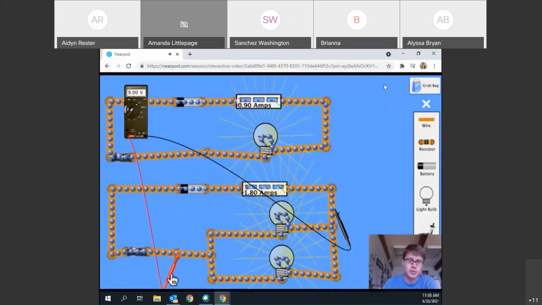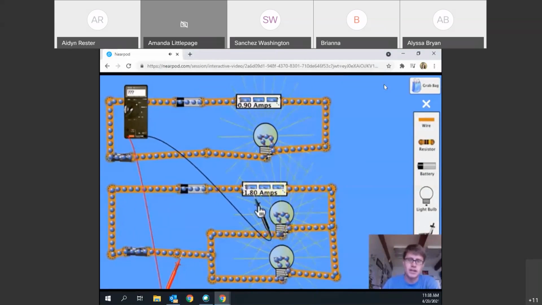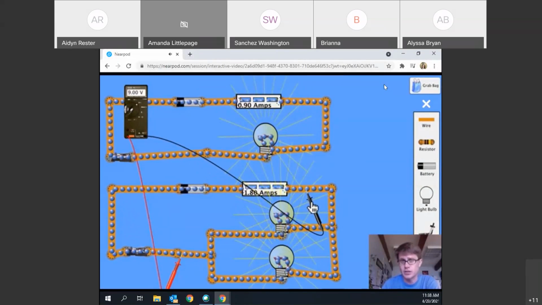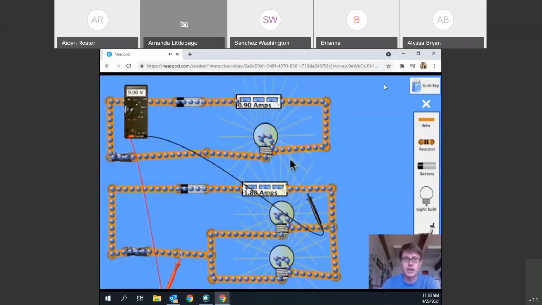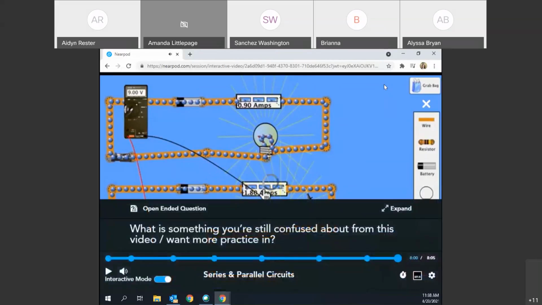So remember, this would be 9 volts on this pathway, but it's also going to be 9 volts on this pathway. And so you're not getting anything for free with a parallel circuit. You're actually going to go through more energy using this setup than you would over here, because you're gathering more amps. So what is something you're still confused about from this video?